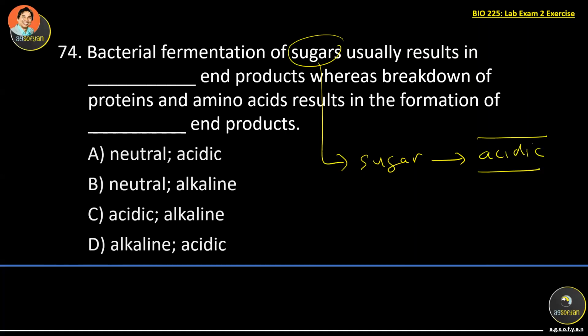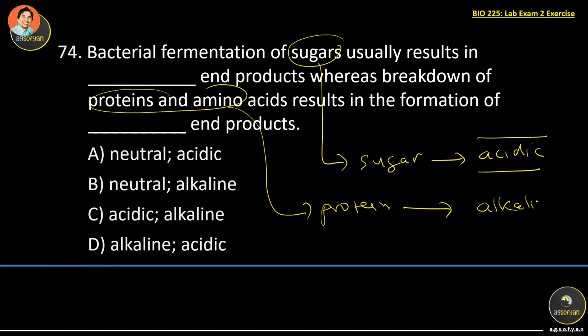So remember, red to yellow when glucose is fermented. While for the proteins and amino acids, okay, the result is opposite, which is alkaline or base.